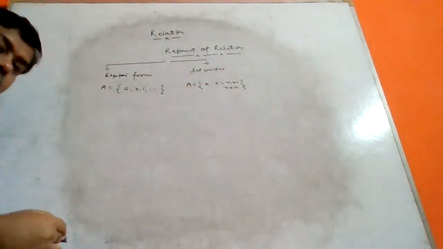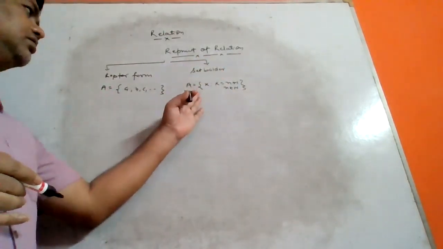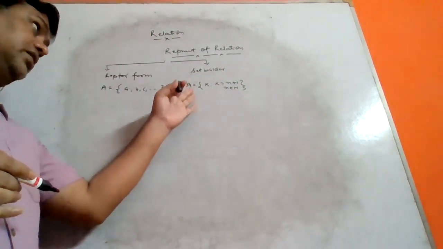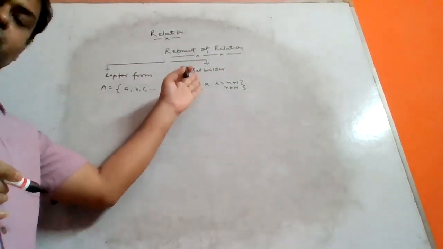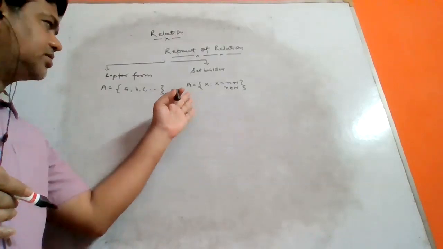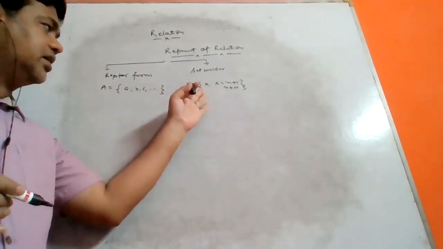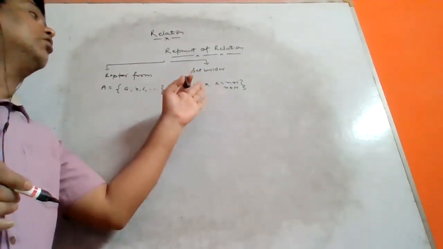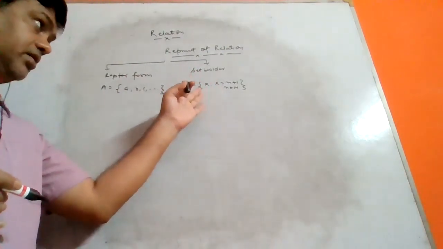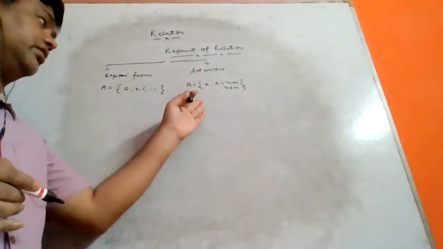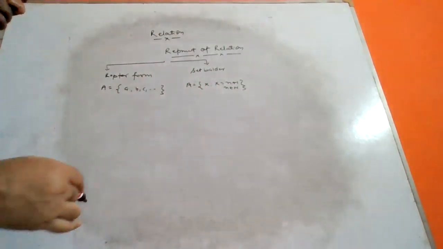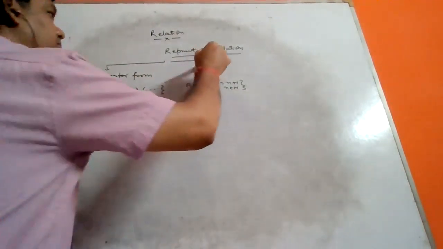So this is the relation or the form of the set represented in set builder form. So set builder form is a simple presentation of the set in formula method, or you can write a definition form, or some expression method. This one is known as the set builder form.